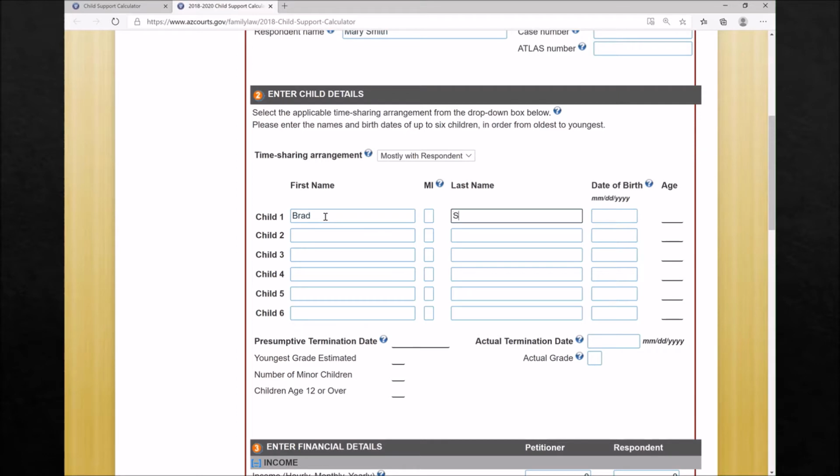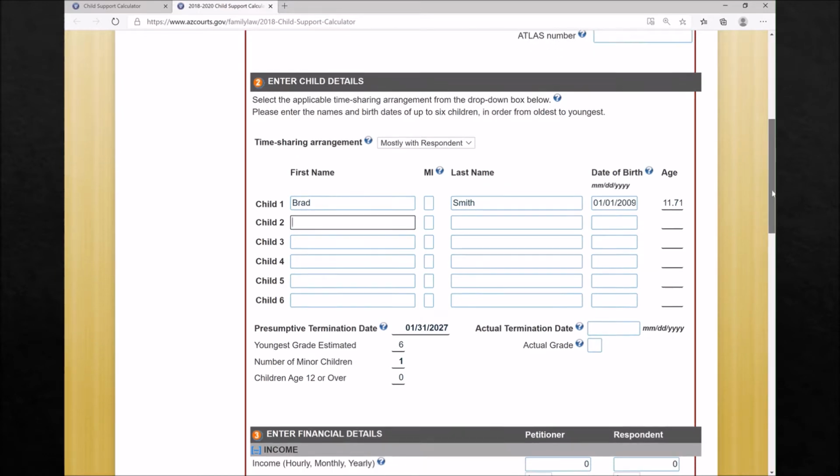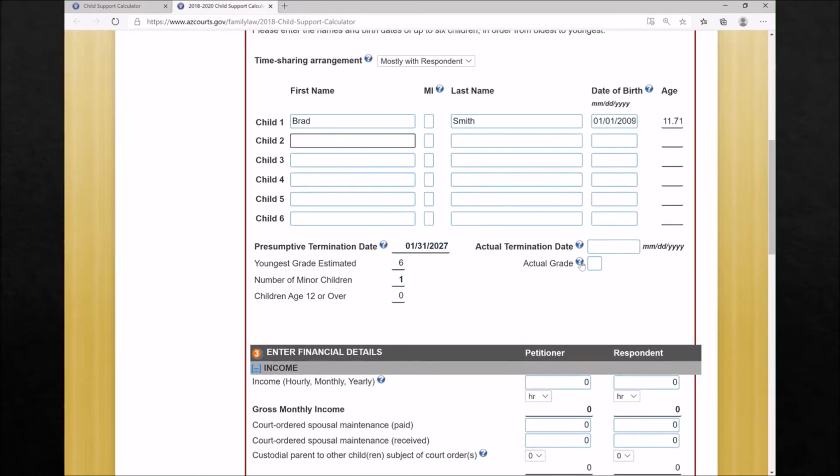Maybe it's Brad Smith, and he was born on the 1st of January of 2009, and it computes his age to be 11.71 years old.